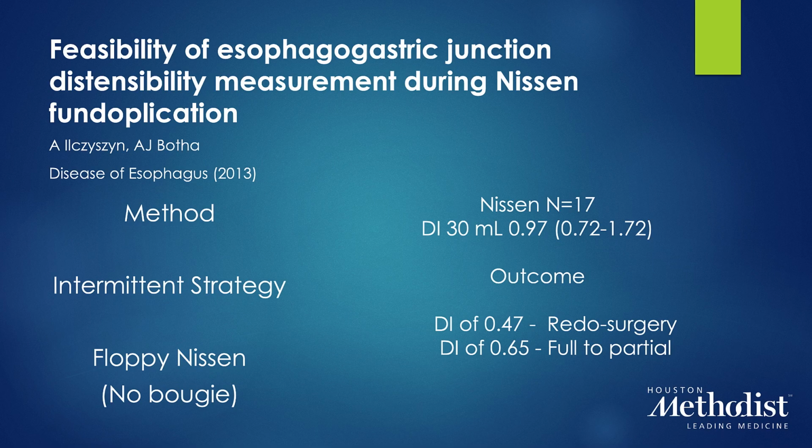They discovered that with 30 cc of volume in the balloon, when DI was less than 0.5, they had to go back to the operating room and redo the operation because the patient could not eat. This kind of set the value that you should avoid during the operation or at the end of the operation.